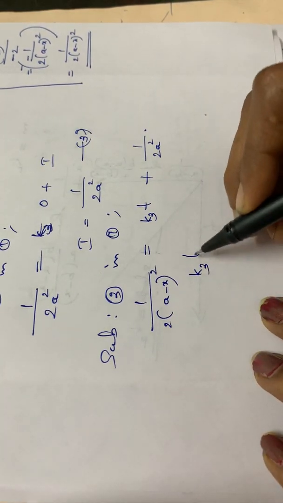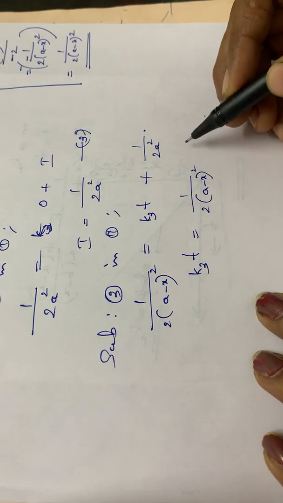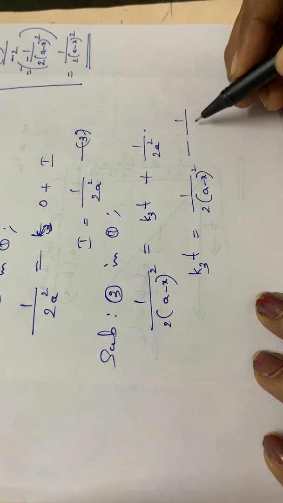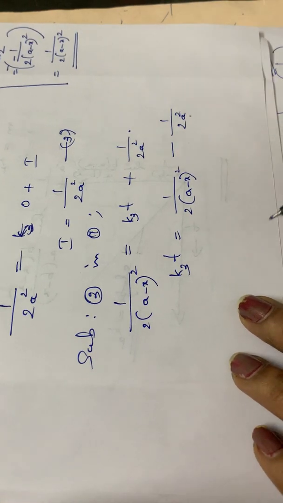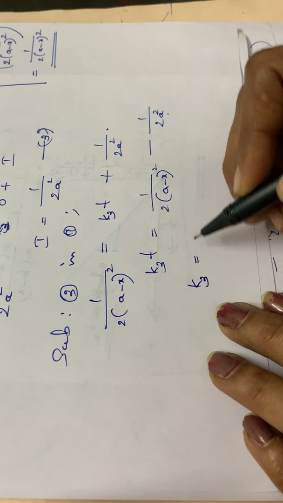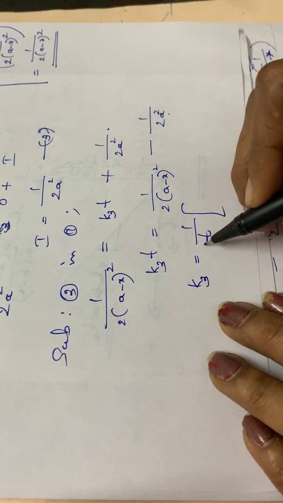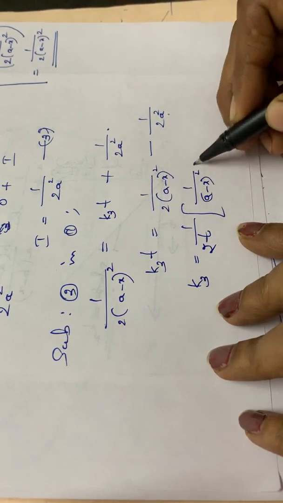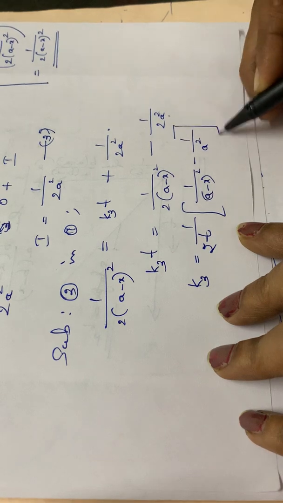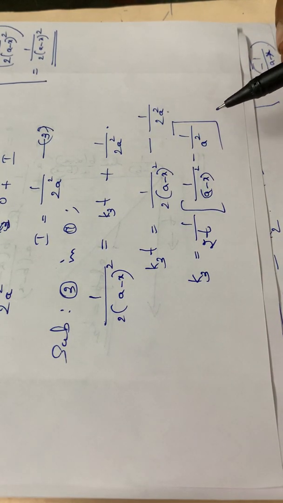Therefore, k3t is equal to 1 by 2 into a minus x, the whole square, minus 1 by 2a square, which goes to the left side. Therefore, k3 is equal to 1 by t into 1 by 2, taking 2 common: 1 by 2t into 1 by a minus x, the whole square, minus 1 by a square. This is simple mathematics. The next step is you have to do the LCM also.